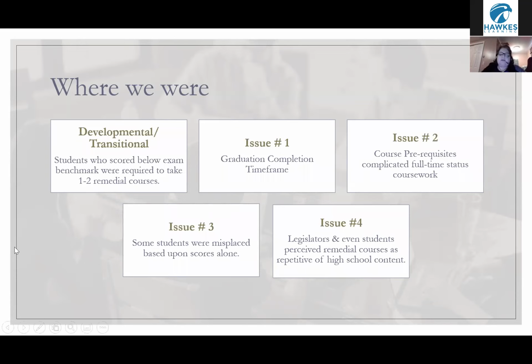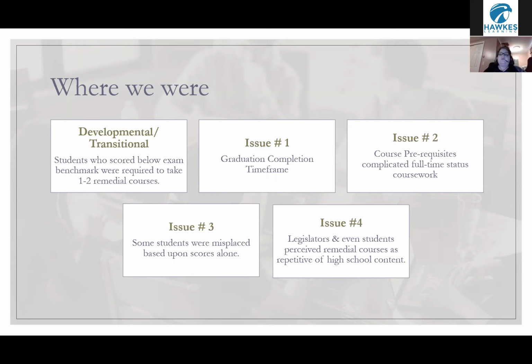From there, what we ended up finding were some common issues. First of all, graduation completion timeframes weren't being met according to federal financial aid laws. So that was one thing being impacted at the collegiate level as well as by the state legislature. Issue 2, course prerequisites for Comp 1 ended up impacting other classes that students would have to take.